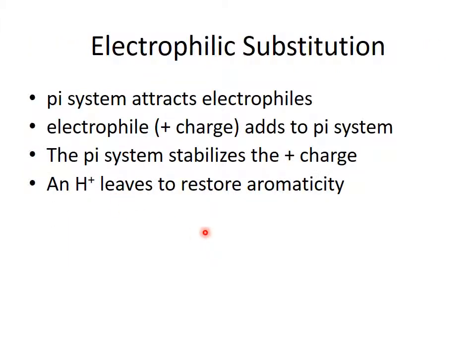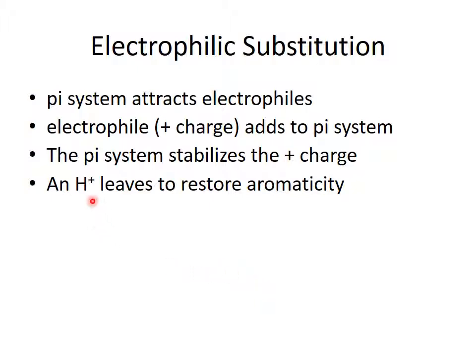In the electrophilic substitution, the pi system is full of electrons and sucks in electrophiles. The electrophile adds to that pi system, and the positive charge of the electrophile is then distributed throughout the pi system. It's not on one atom in particular, so it makes the transition state not too high in energy.